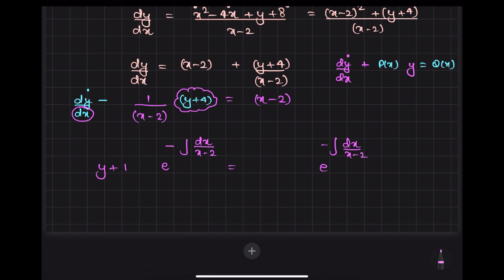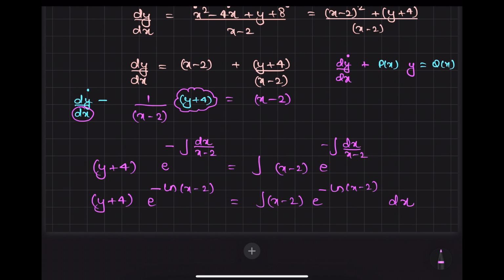This is y plus 4. And then we have to write Q of x, meaning x minus 2 over here, and then the whole integration. We have y plus 4 e power minus ln x minus 2, then x minus 2 e power minus ln x minus 2, and then dx.